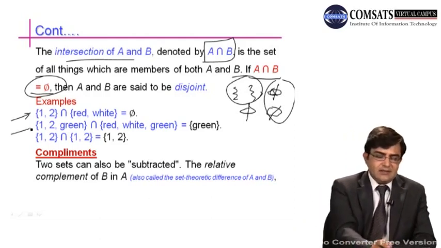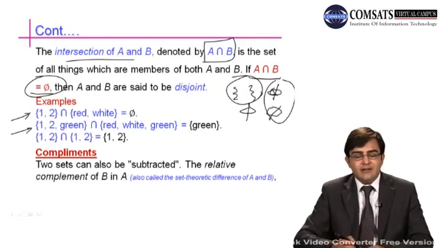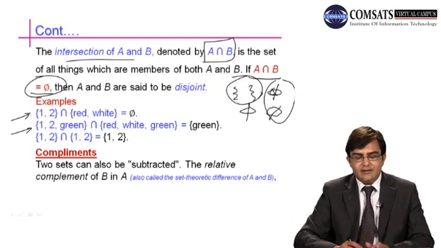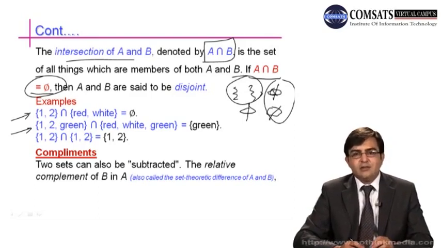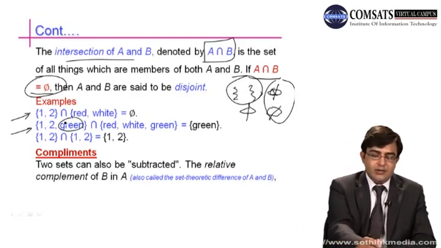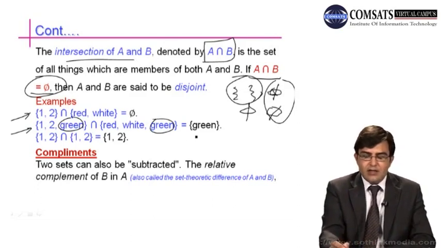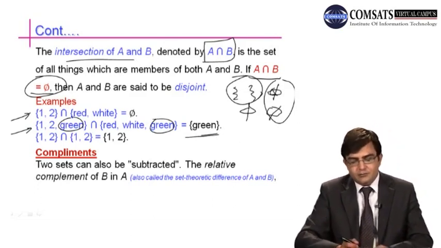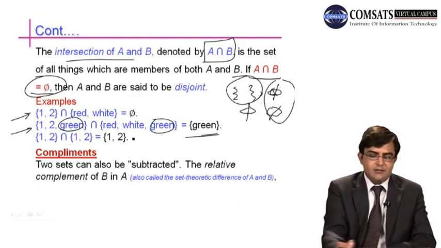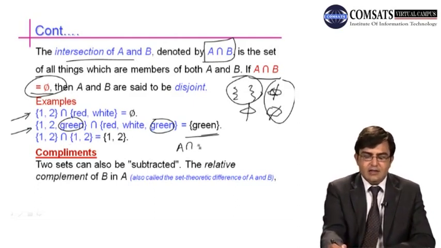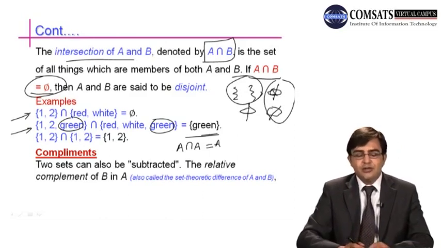Another example, the second example, the same as we have seen on the previous slide. If we take up the intersection of {1, 2, green} and {red, white, green}, there is only one common element in these two sets, which is green. So in intersection we have green. The intersection of the same set with the set A, A intersection A, is always A, as we have seen in the case of union.